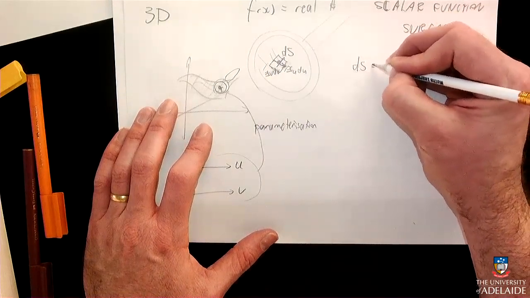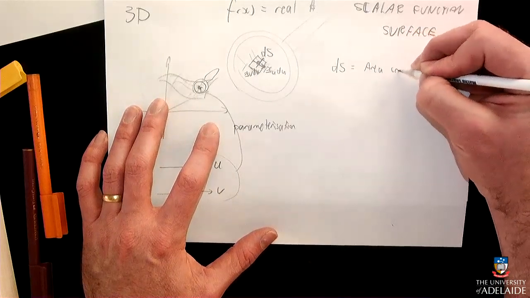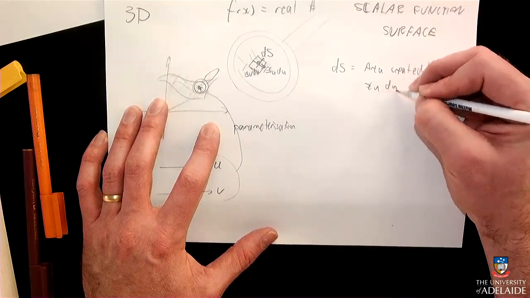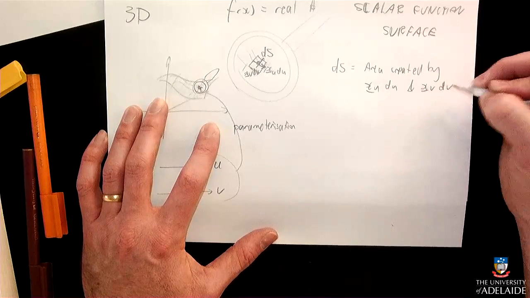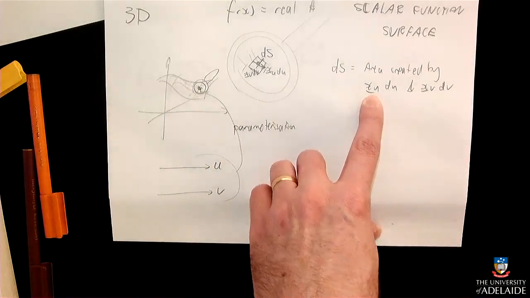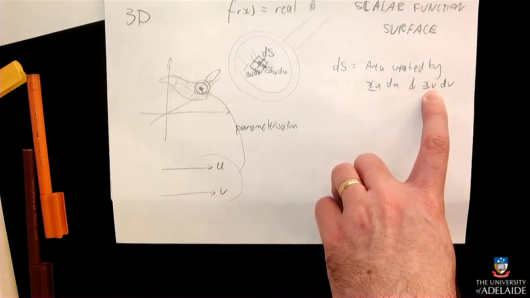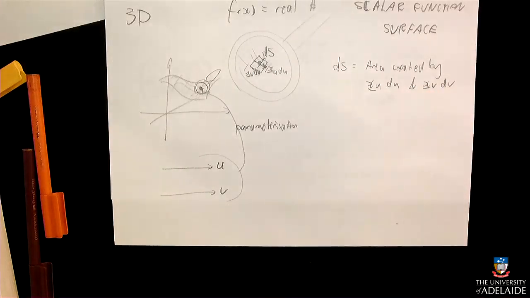So dS is going to be the area created by the derivative of x with respect to u times how far u moves, and the derivative of x with respect to v times how far v moves, and the area created by two vectors is the length of their cross product.